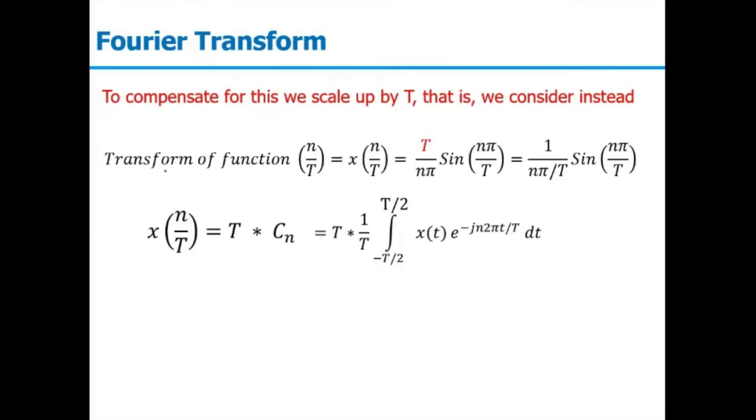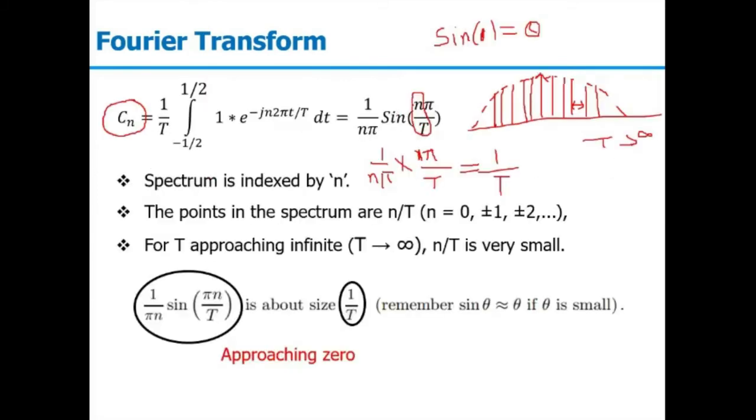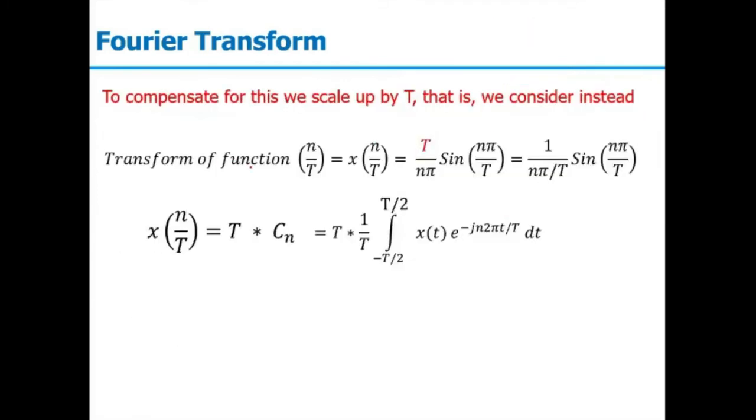We have a function which depends on n by T, whose transform is given something like 1 upon n pi sine of n pi by T, and now we are multiplying this by capital T. So in simple words, this problem is compensated if we multiply Cn, the complex Fourier series expansion coefficient, by its time period T. So this will be given something like this.